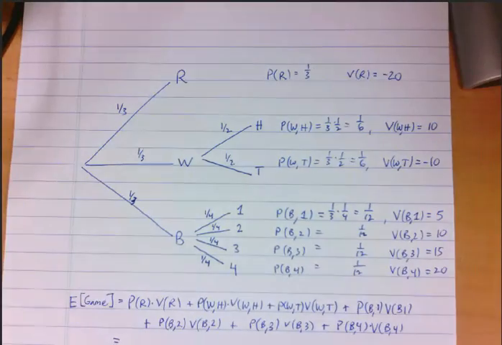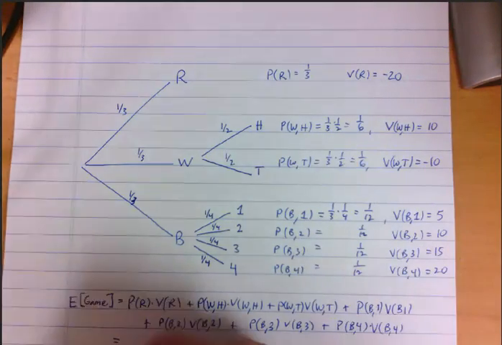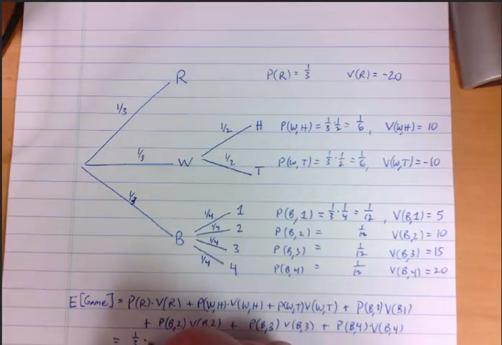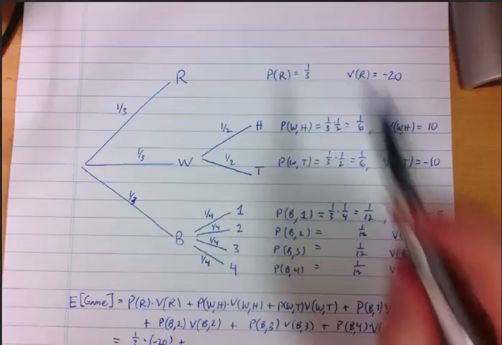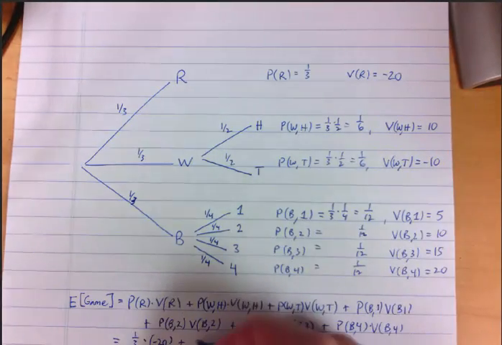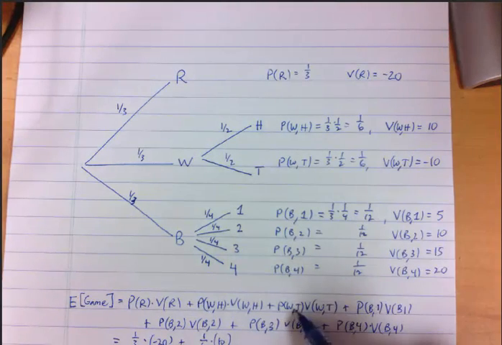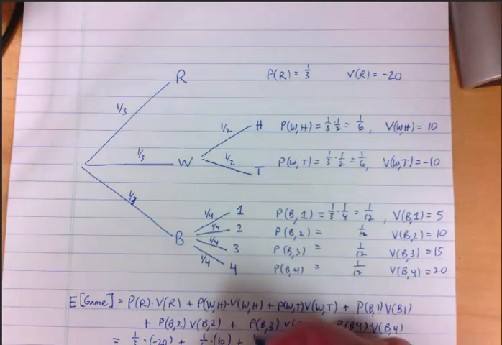Okay, so now we actually stick in some numbers, but we've already computed them up here. It's just a matter of sticking them in. 1/3 times -20. So that was the probability of red times the value of red. Now the probability of white heads. So that was 1/6 times 10. We then go to probability of white with tails. That was 1/6 times -10.